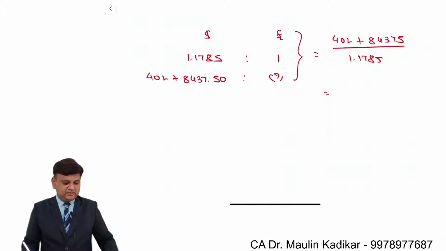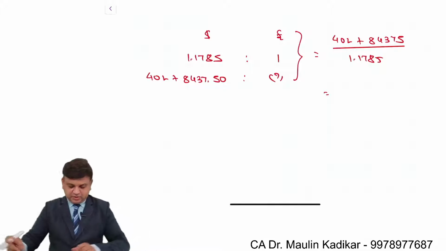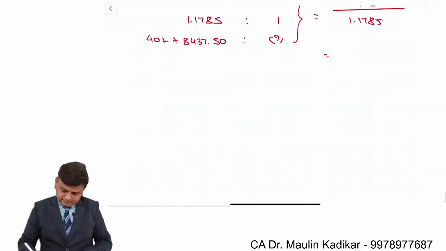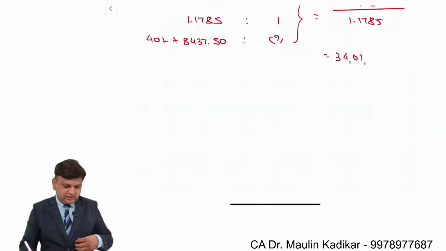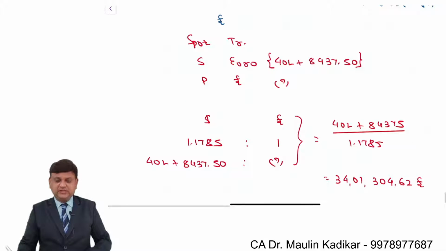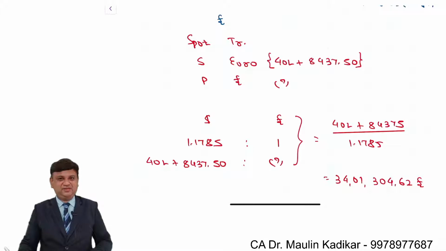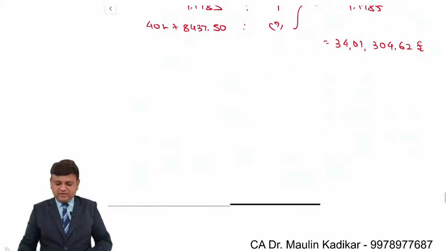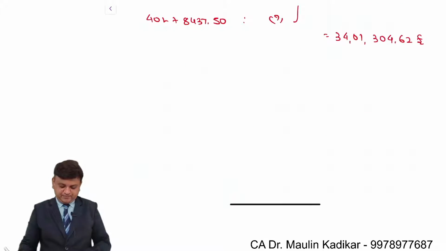So the final answer comes to 34,01,304.62 pound. So this is the amount of the pound that you will receive in case of the futures contract.